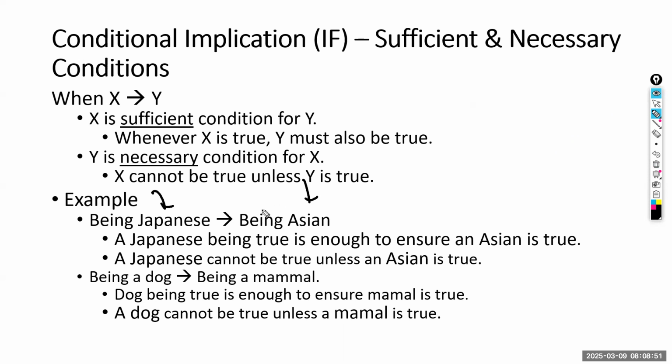You are necessarily Asian if you are Japanese. Okay. Being Japanese is sufficient to become an Asian. And being Asian is necessary for you to be Japanese. Because you can't be Japanese without being Asian. Okay. Is it correct? Is it clear?